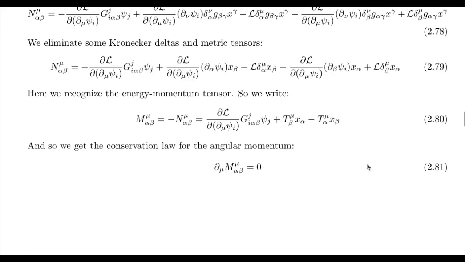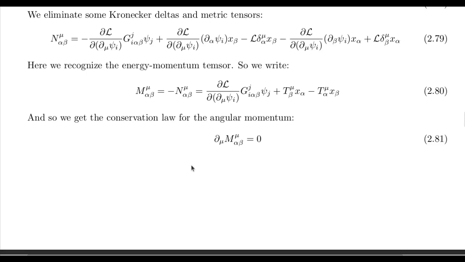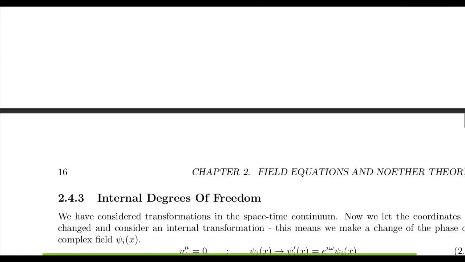So, and so we get the conservation law for the angular momentum. We have then the matrix M, which is a negative of n, and here the derivative of M is vanishing, and so we have again a conservation law, in this case for the angular momentum.